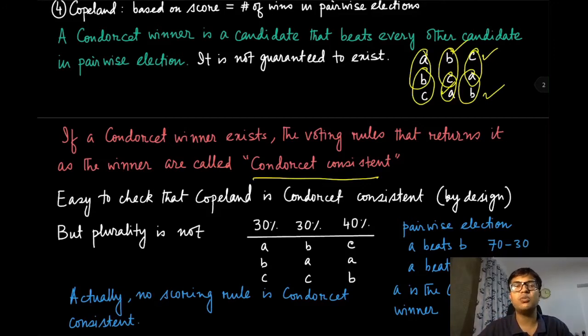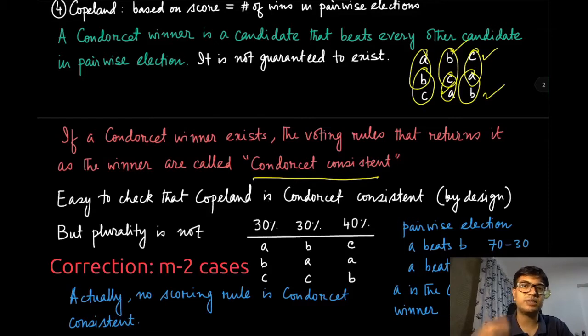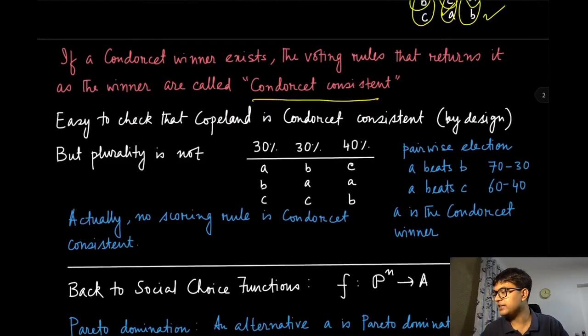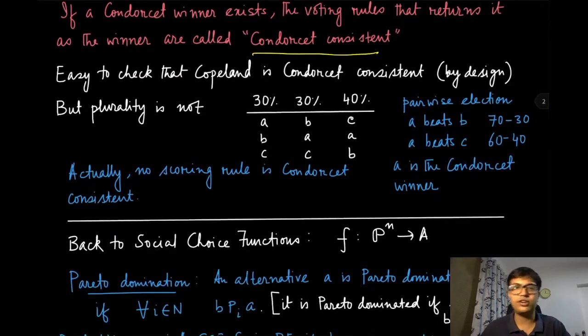So it can win at most M-1 cases, but it will lose definitely to that candidate. And therefore its score cannot beat the score of that Condorcet winner. So Copeland will give that Condorcet winner the highest score, and that will be the winner. So that's very standard. Copeland is essentially Condorcet consistent by its design itself.